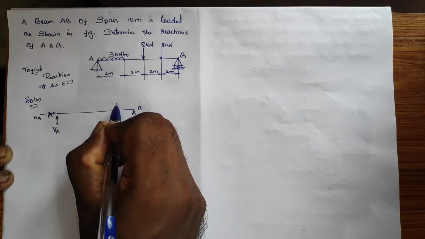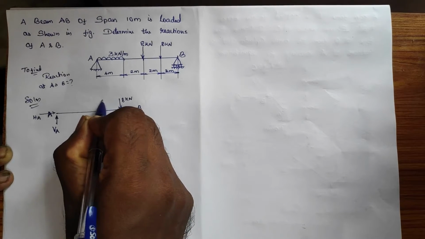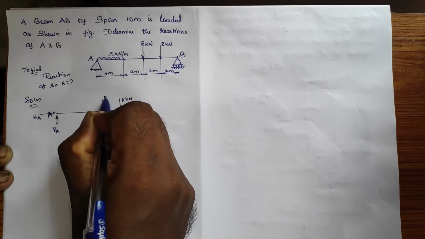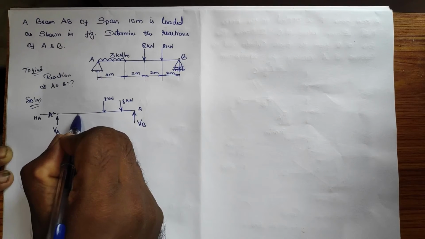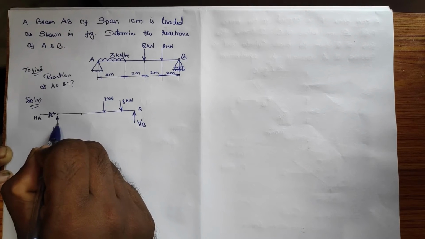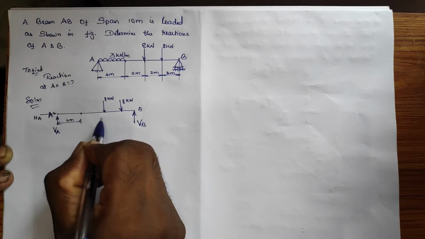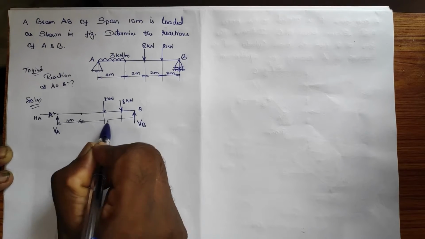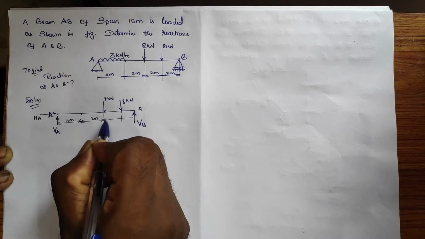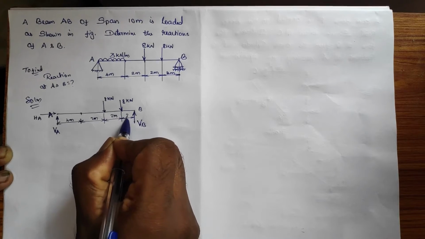Here we have an 8 kilonewton force, and here we have an 8 kilonewton force, right? And up to here the distance is marked as 4 meter, and up to this the distance is marked as 2 meter, and this is 2 meter, and this is 2 meter.